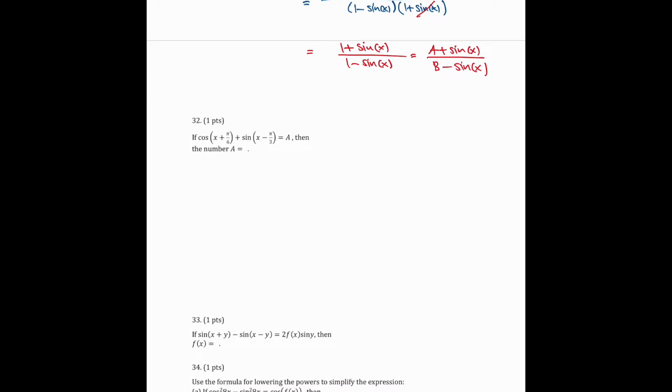We need to find a. In this case, we're going to use the sum formula and the difference formula for cosine and sine respectively.